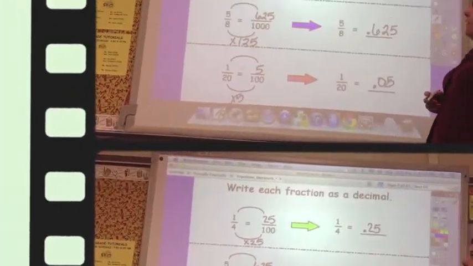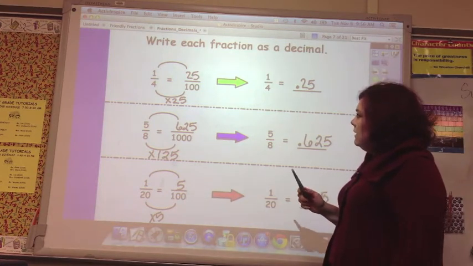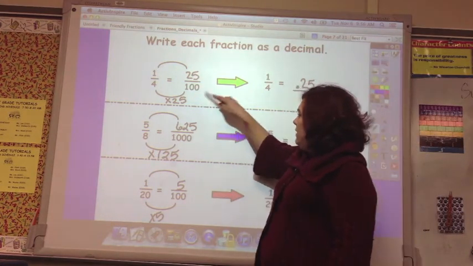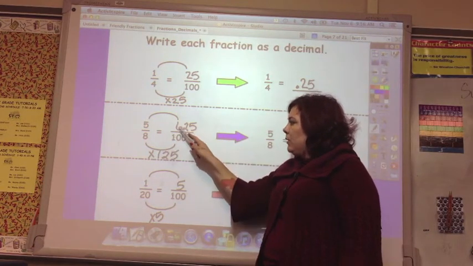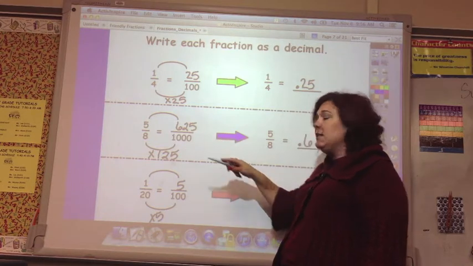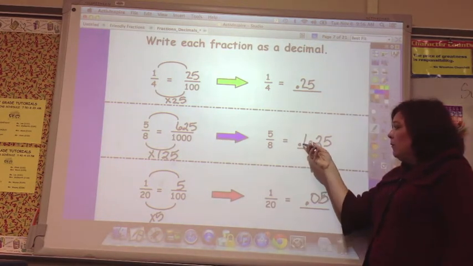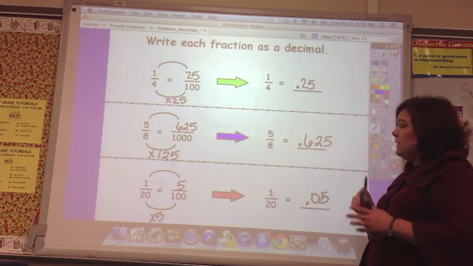Okay, so I put the answers up here, and what we've got is, we did 25 hundredths. This one goes by 125, 625 thousandths. So I would write it 0.625, 625 thousandths.